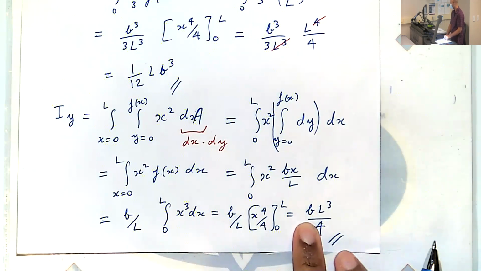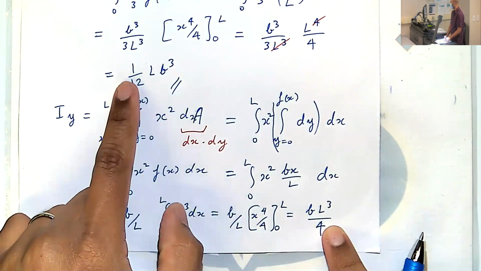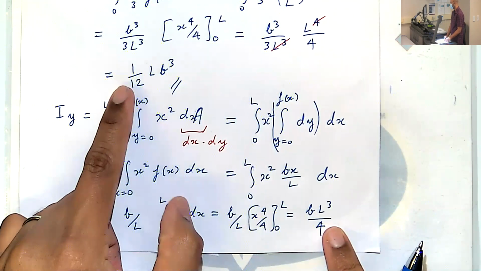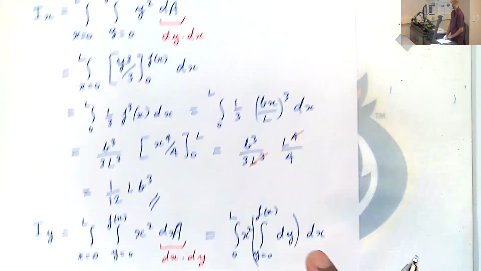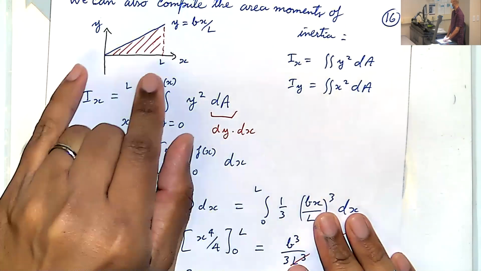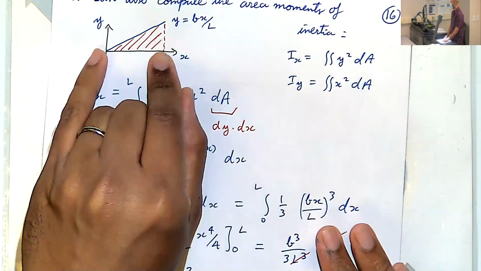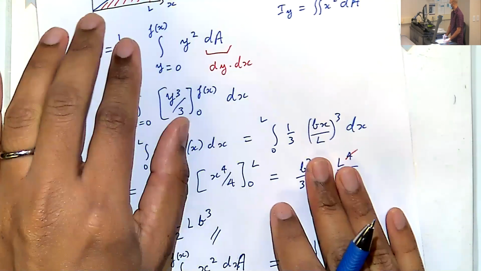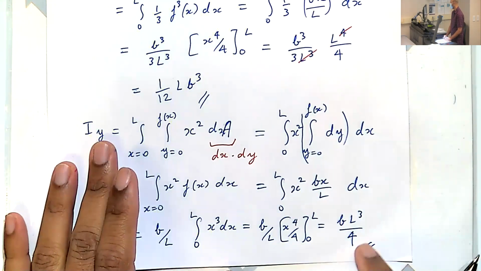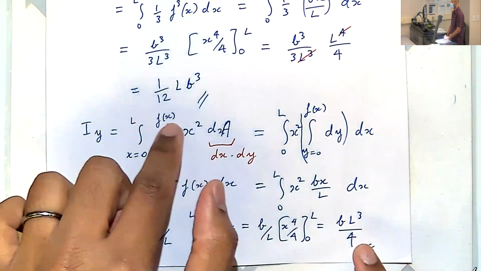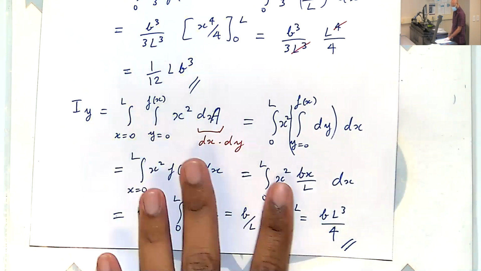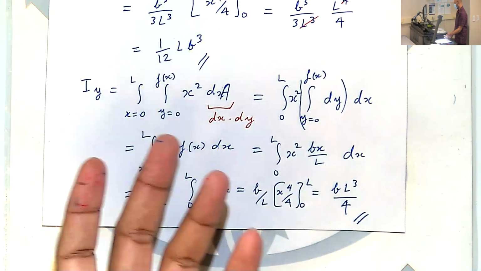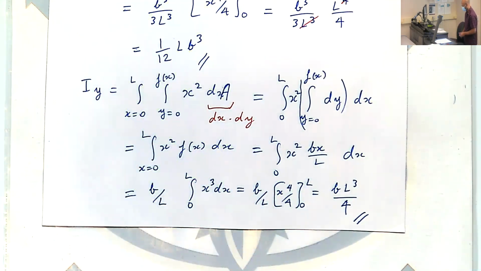And if you compare this number to this number, you already see there's a 1/12 here. There's only a 1/4. There's an L cubed here. If L is very long, then you see this number will be much larger than the other one, if L is larger than b, okay? So the number matches our expectation.